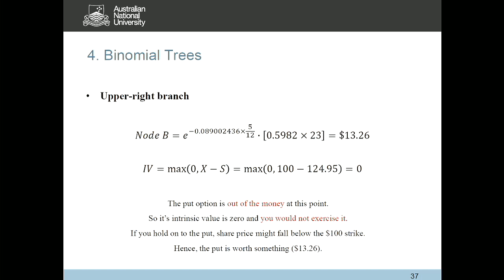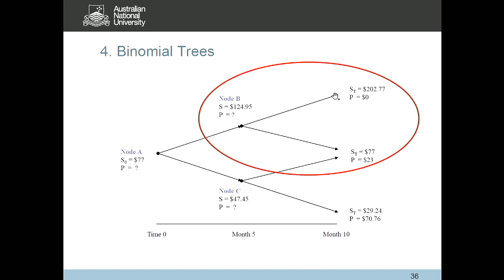So before we write down the 13.26 in node B, we have to check whether exercising the put immediately would give us a bigger payoff, right? Because this is an American put, so we can exercise the put at any point in time during the holding period. So let's check. The share price in node B is 124, which is higher than the strike price of 100.